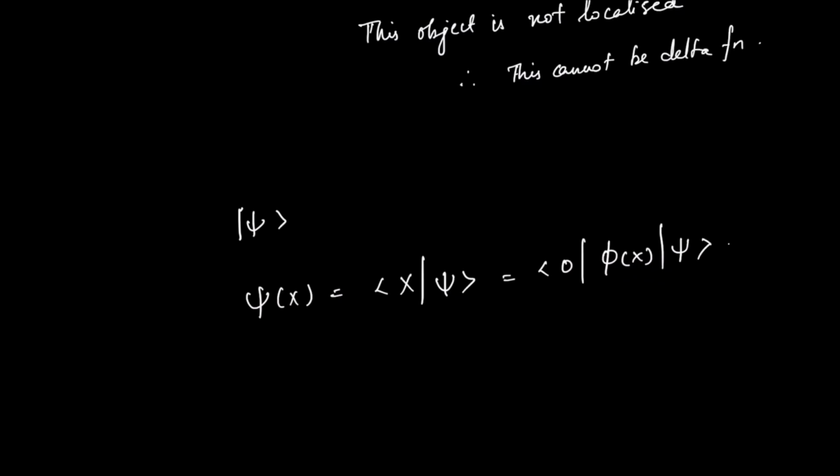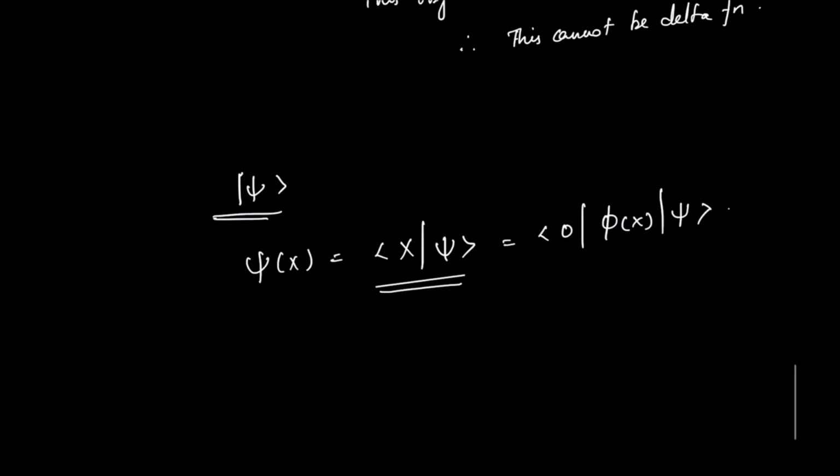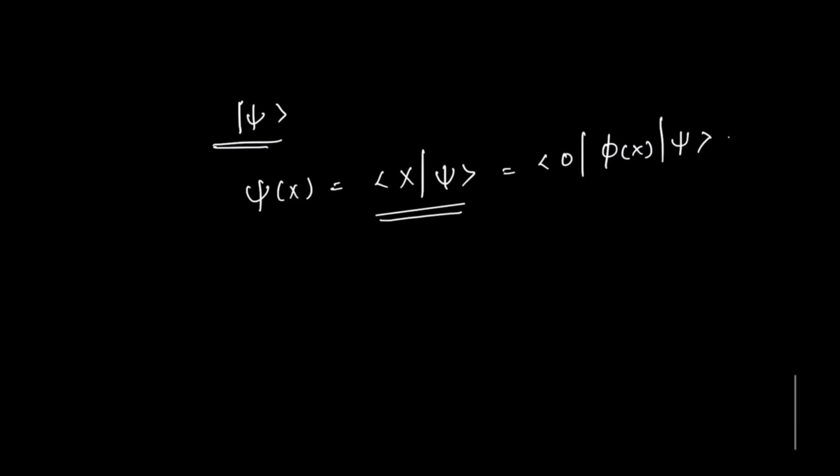Okay, so given a single particle state psi, you can define its wave function in quantum field theory as overlap with x. For example, if I take psi as a pure momentum state, then this will be equal to k, which is root of 2 omega k vector k.